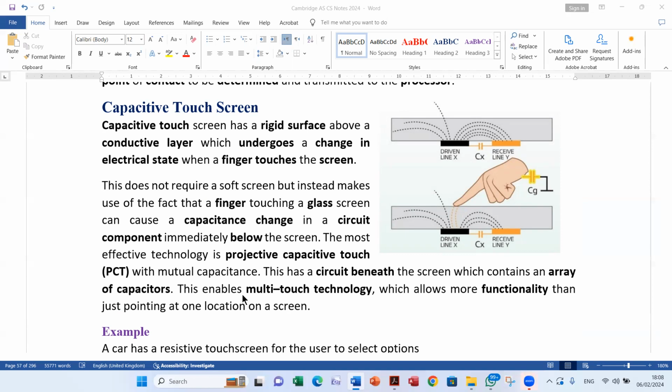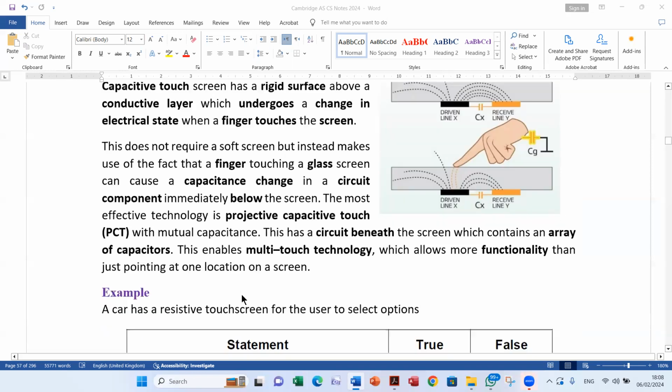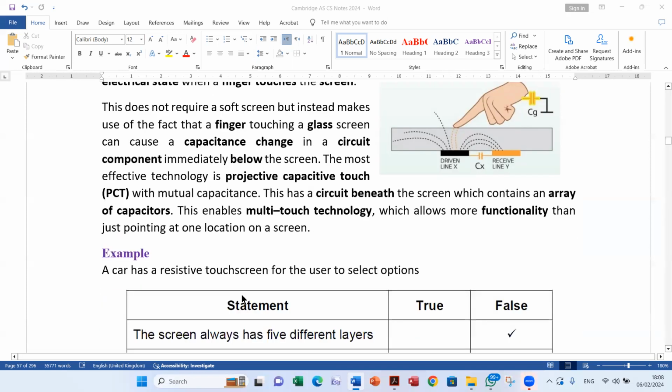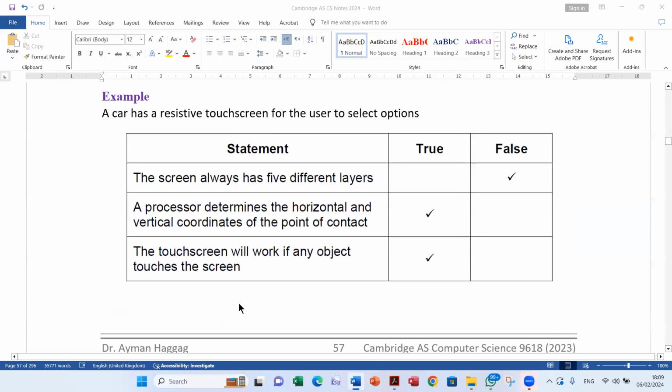Okay? Immediately below the screen. The most effective technology is projective capacitive touch, PCT, with mutual capacitance. This has a circuit beneath the screen which contains an array of capacitors. This enables multi-touch. The capacitive touch screen allows multi-touch, which allows more functionality than just pointing or locating.